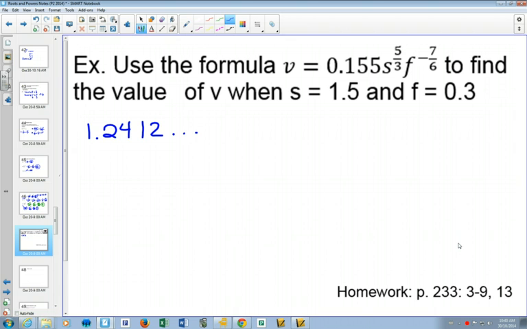If you're having trouble with your calculator, call me over and I'll help you with it. But you can type it in. You can even type the negative exponents into your calculator.